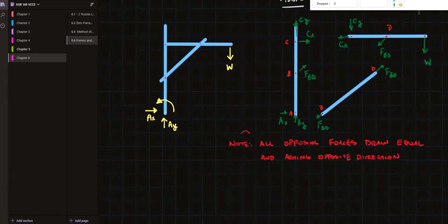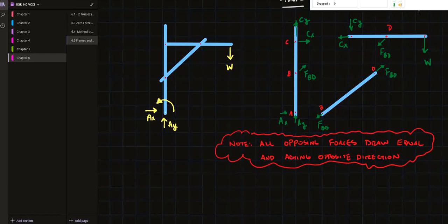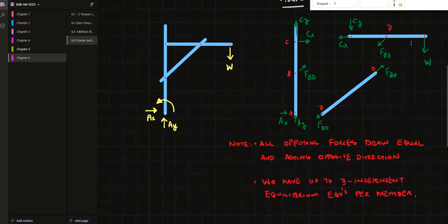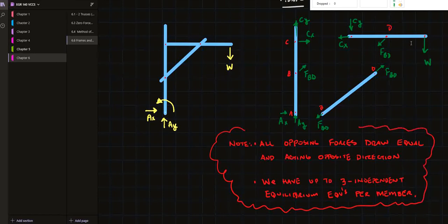It's important enough that I just wrote a little note here, that all the opposing forces are drawn equal and in the opposite sense to maintain equilibrium. And for analysis, I just want to point out we have up to 3 independent equilibrium equations per member to use in our analysis.